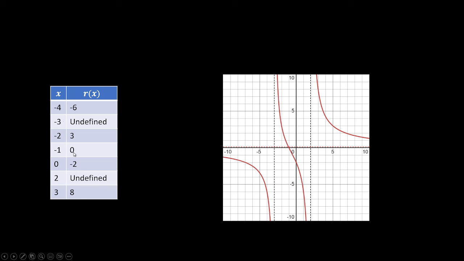Both negative 3 and 2 are undefined. That's your vertical asymptote. And you have these points. Then you graph them. These dotted lines are your vertical asymptotes, and the dotted line of the x-axis is your horizontal asymptote. Okay?